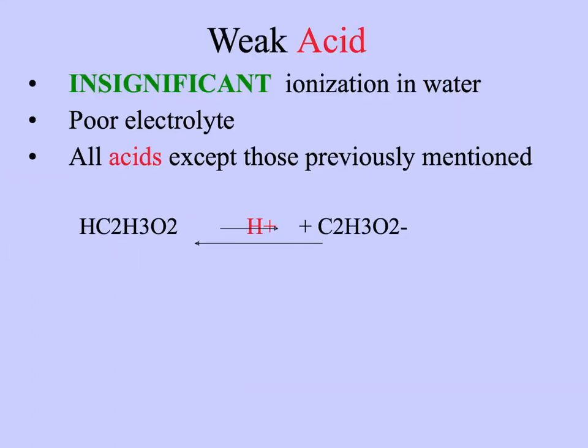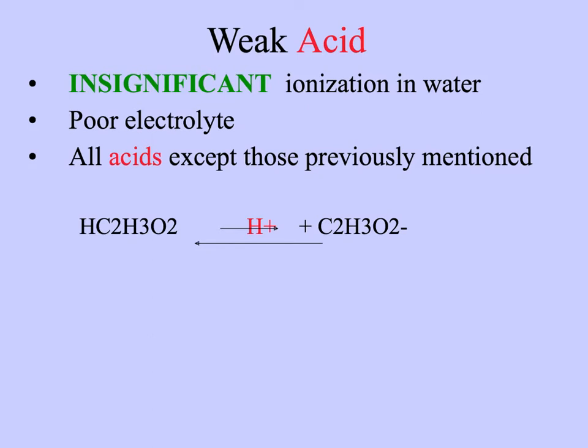All right, so that means that your weak acids don't separate into ions when they are dissolved in water very much at all. It happens to a very small extent. But they do separate into charged particles, therefore they are still electrolytes. Okay, they are still electrolytes, but they are poor electrolytes, meaning that they're not going to conduct a lot of electricity, but they will conduct some.